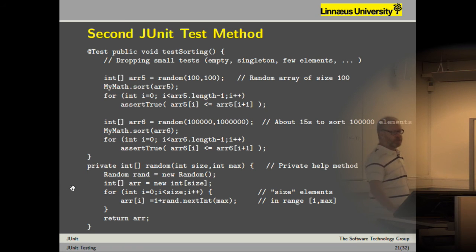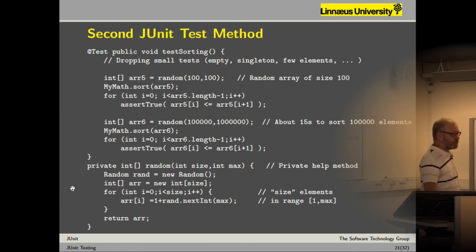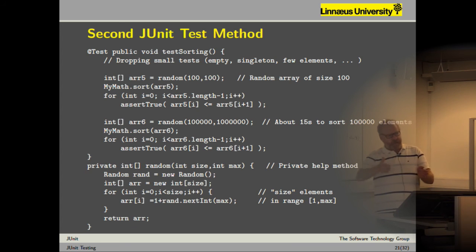Quite often when you do testing, rather than adding arrays with 100 elements, you come up with some help methods that let you in an easy way generate test data. So in this case, I have implemented a method called random here that generates an array of this size containing elements from 0 up to max, and it returns an array with this content.